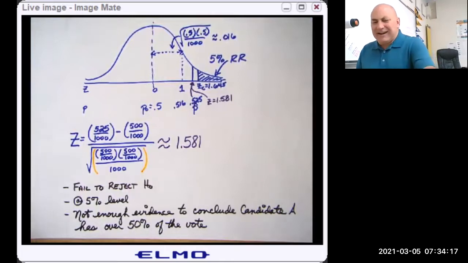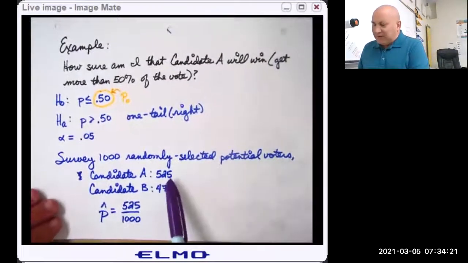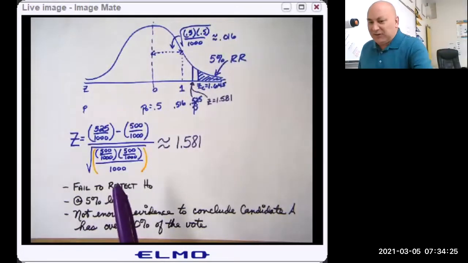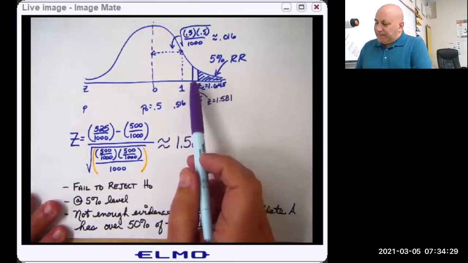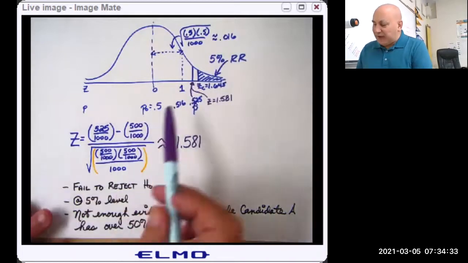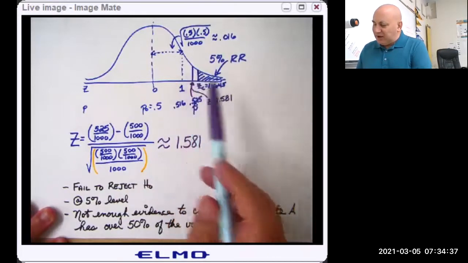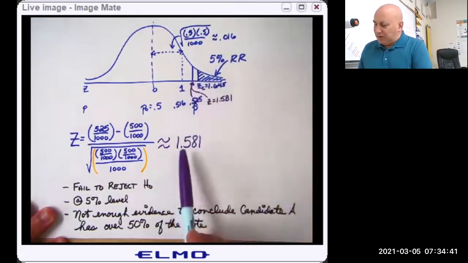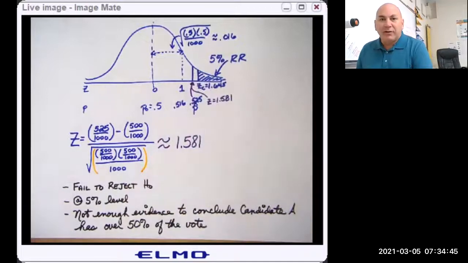Now you say, but candidate A had 52.5%. That was in a sample. And what we see here is that if you were to continue taking samples of size 1,000, it would not be uncommon to get a sample of 525 out of 1,000 or greater.